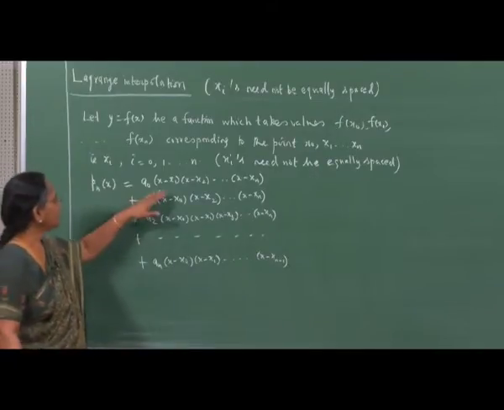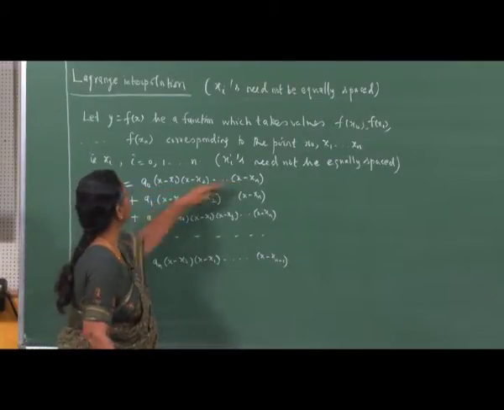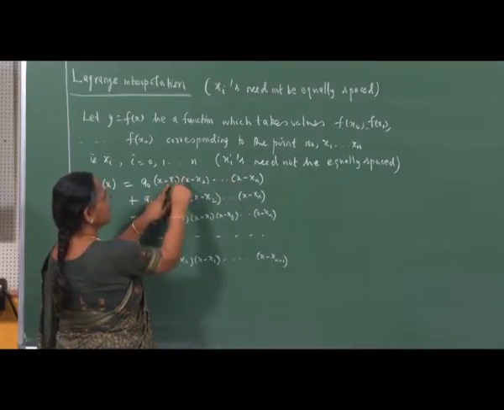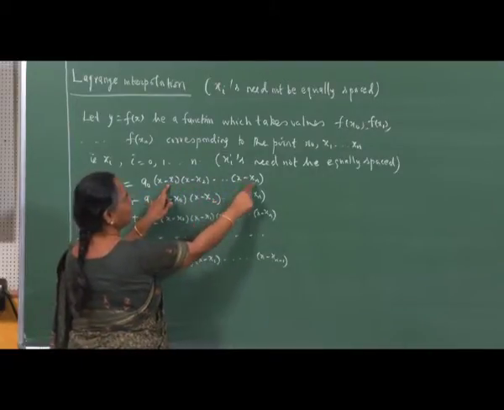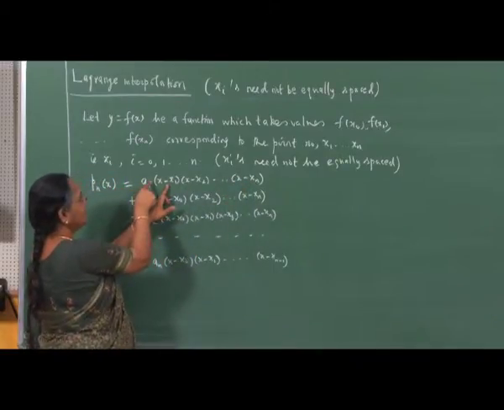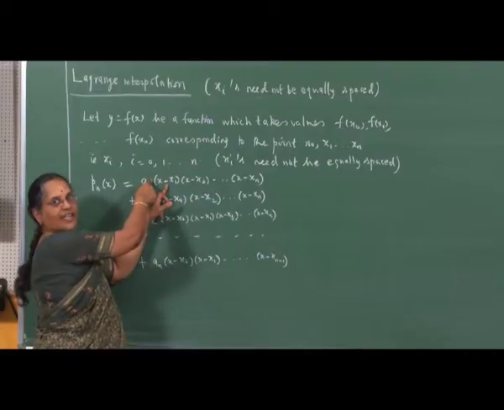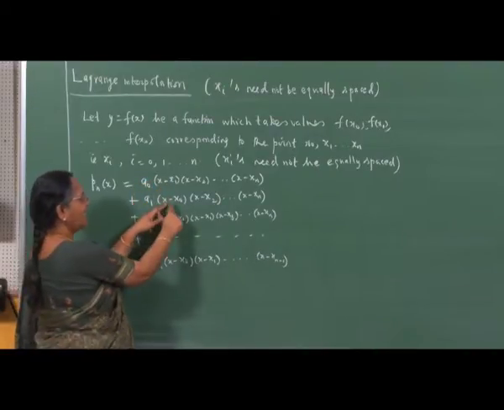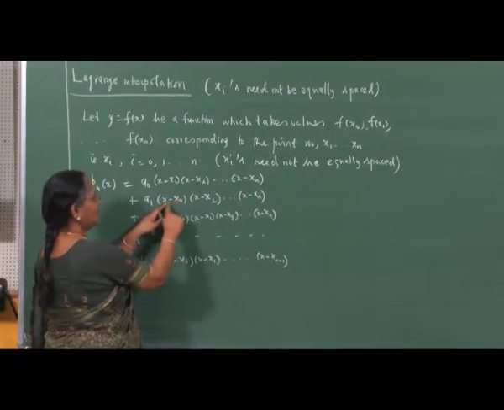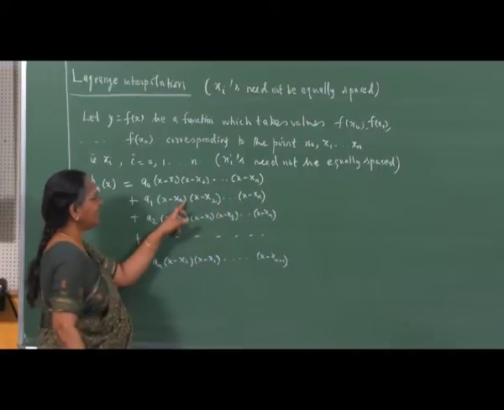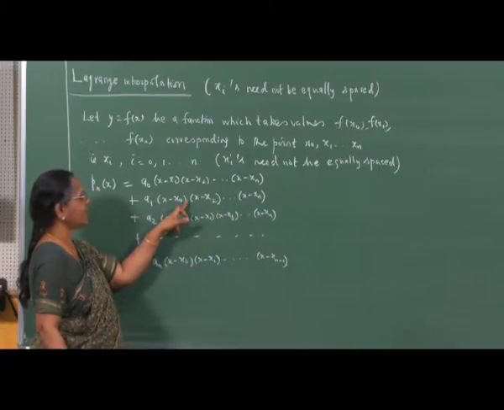We observe that the first term has n factors x minus x1, x minus x2 etc. x minus xn. The coefficient is a naught. This does not contain the factor x minus x naught. The second term again has n factors x minus x naught, x minus x2, x minus xn. It does not have the factor x minus x1.